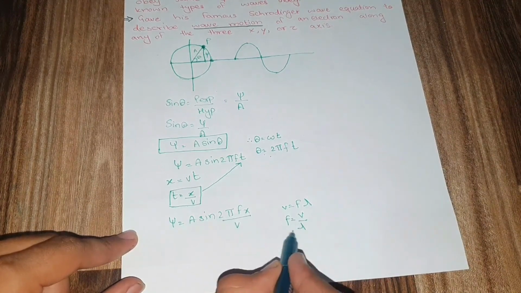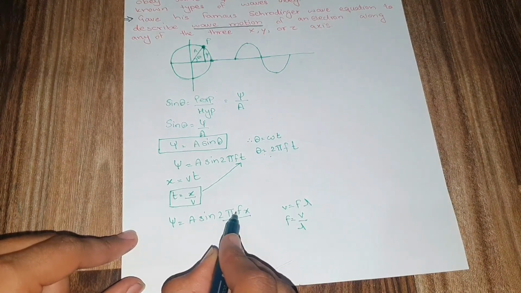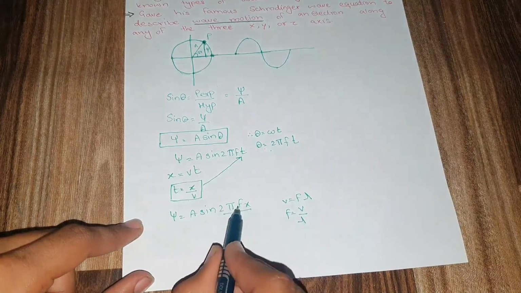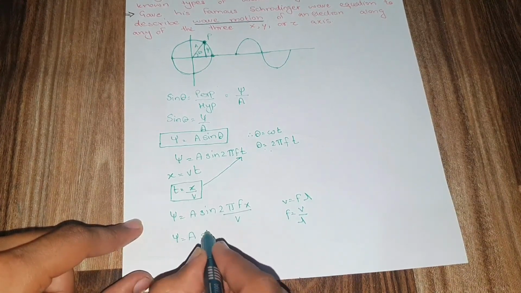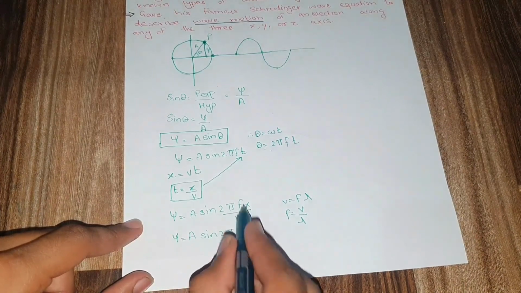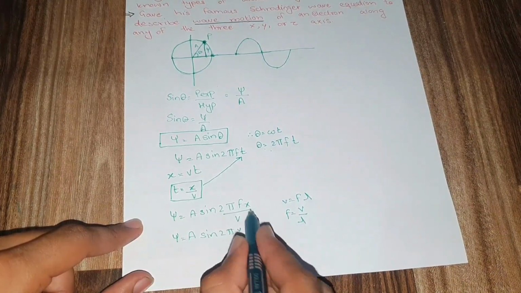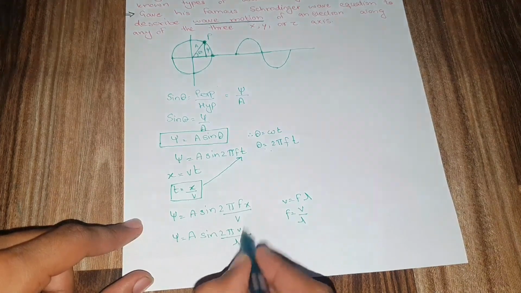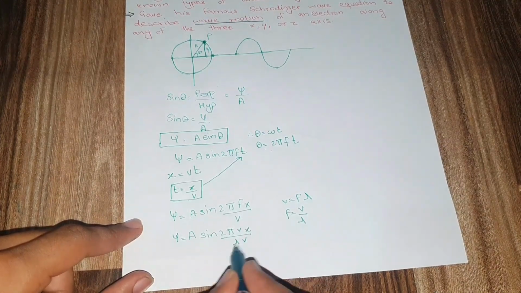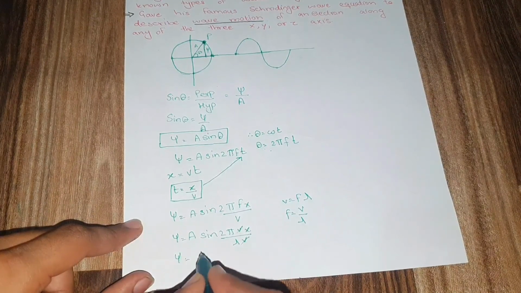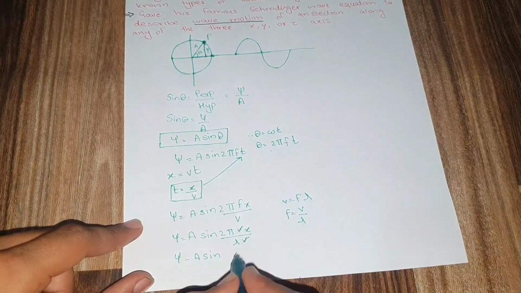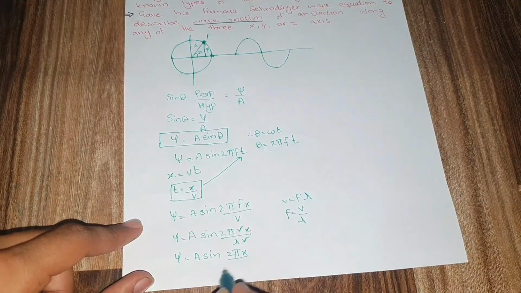I put this value of f here, and it becomes psi is equal to A sine 2 pi, and in place of f I write v over lambda, times x. This v will cancel with the previous v, and the equation becomes A sine 2 pi x over lambda.